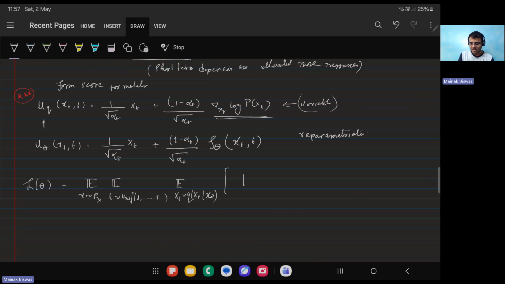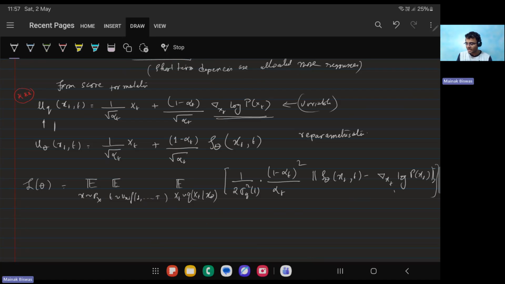And if you just subtract these two, what you will end up having is 1 by 2 sigma q squared t into (1 minus alpha t) squared by alpha t, right? Into the norm of s theta of xt comma t minus the gradient of xt log of p of xt.